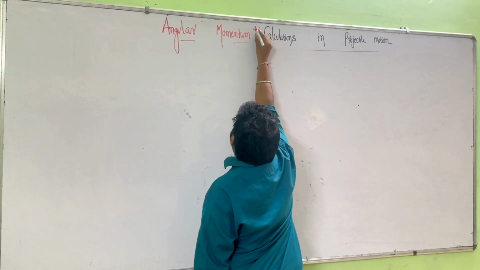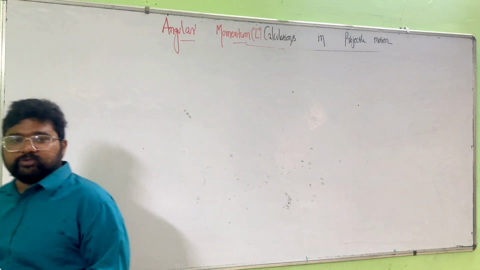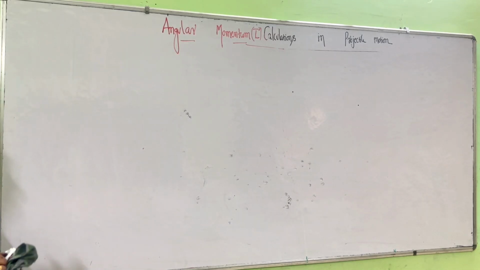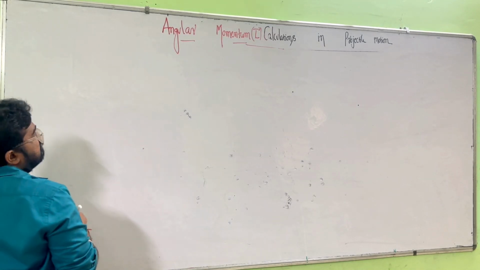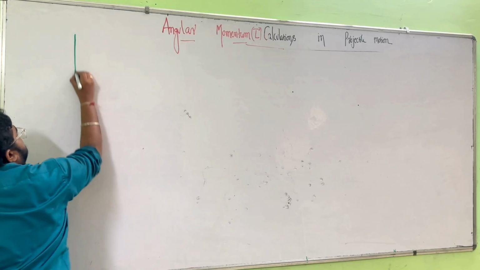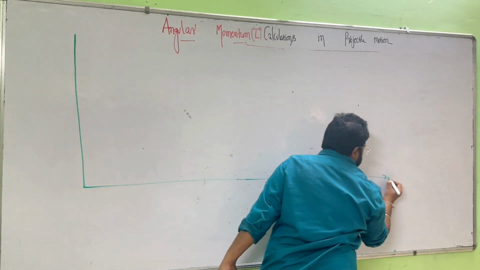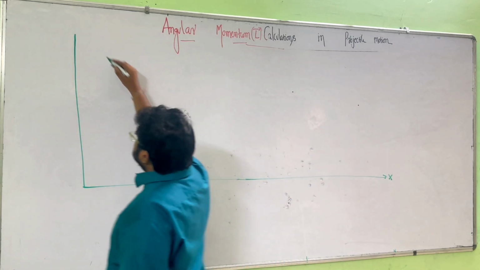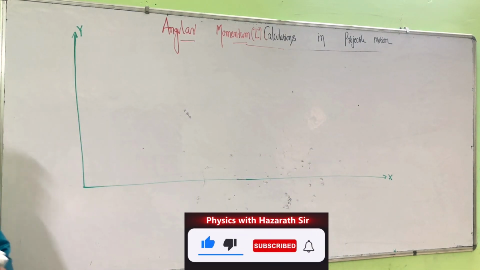This is L bar. Clear? See this. Angular momentum calculations in projectile motion. This is x. This should be y.